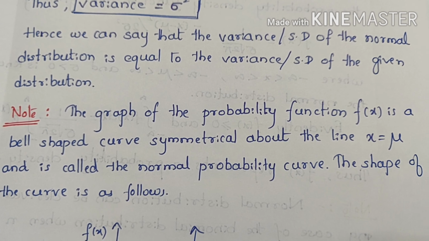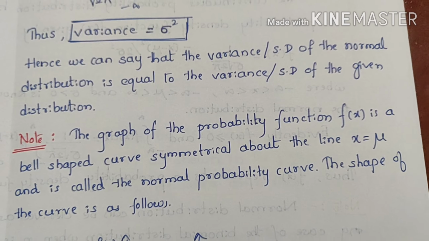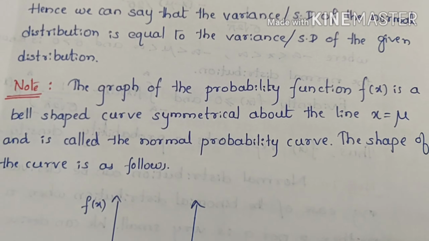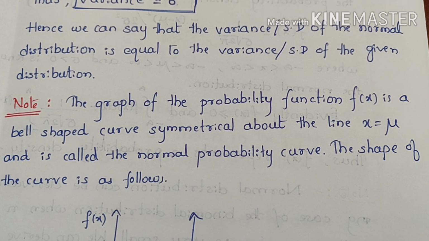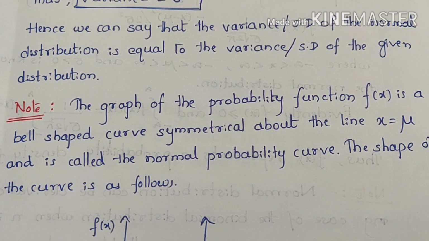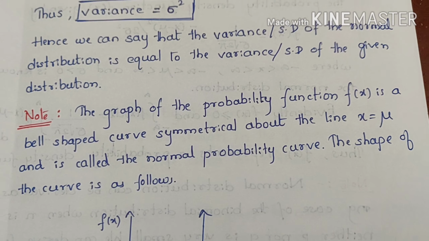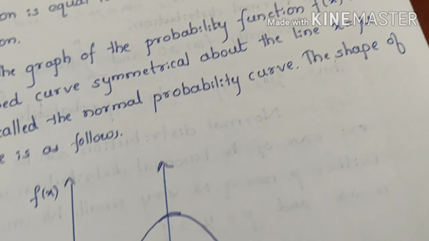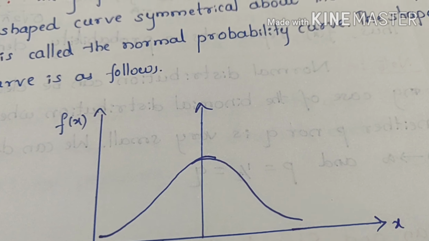The graph of this probability function f(x) is bell shaped, that is, the curve is symmetrical about the line x equal to mu, and is called the normal probability curve. The shape of the curve is as below, like a bell.